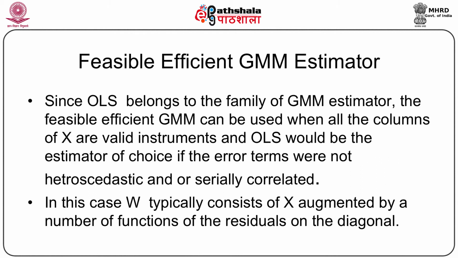Good morning everybody. In the last class we discussed the concept of the feasible efficient GMM estimator. Now let us note that since the OLS estimator belongs to the family of GMM estimators, the feasible efficient GMM estimator can be used when all the columns of the explanatory variable x are valid instruments, and hence OLS would be the estimator of choice if the error terms were not heteroscedastic and/or serially correlated.